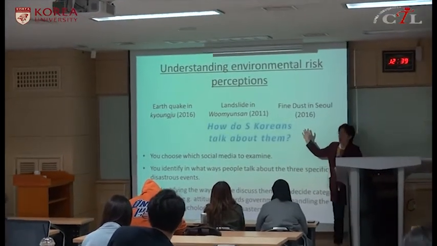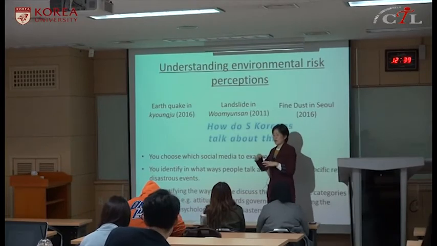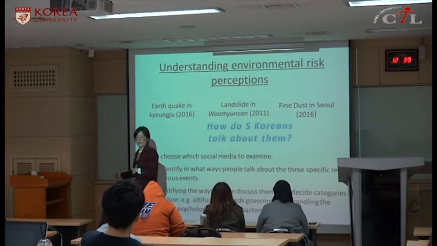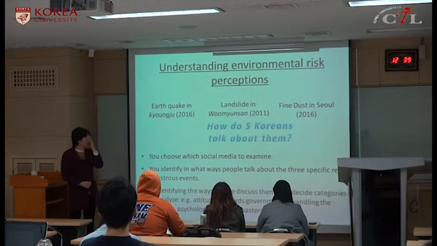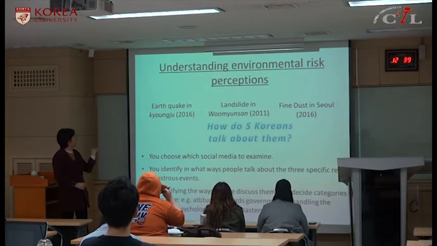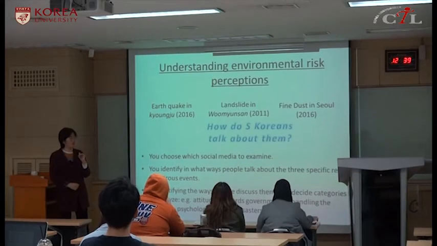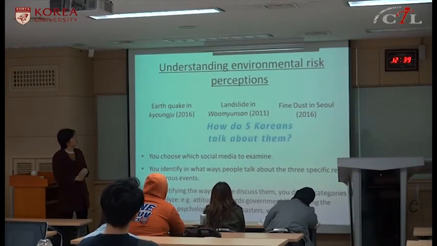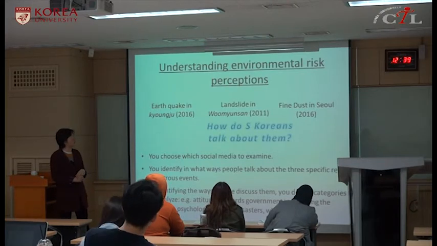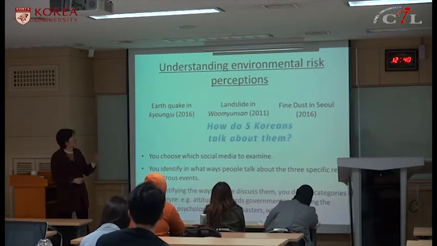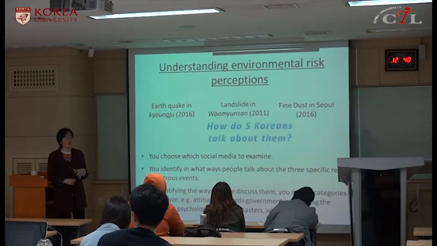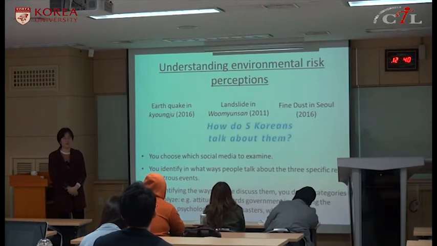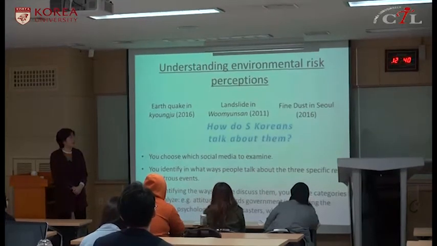These three specific choices I got from Seonyang. Seonyang wanted to research the earthquake in Gyeongju in 2016, the landslide in Woomyeonsan in 2011, and fine dust in Seoul in 2016. She didn't specify which year, but I just put 2016.